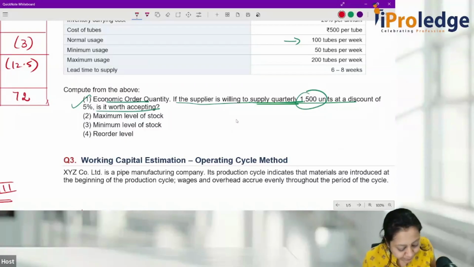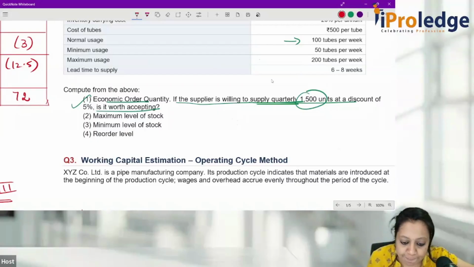So now, yes, we have one more working capital estimate question also. Yes. We'll get back to this.